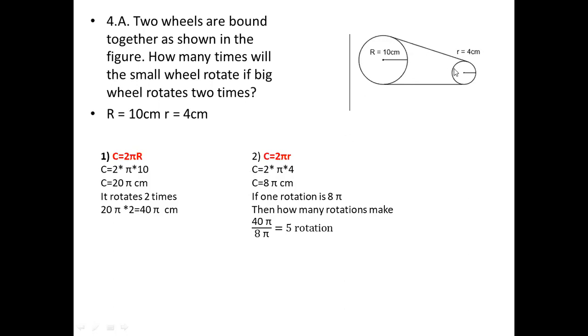Let's first find the distance in one rotation: 2 times its radius 4, so C is equal to 8 pi. If one rotation is 8 pi, how many rotations make 40 pi? 40 pi over 8 pi is equal to 5 rotations. It means when the bigger wheel rotates 2 times, the smaller one will rotate 5 times.